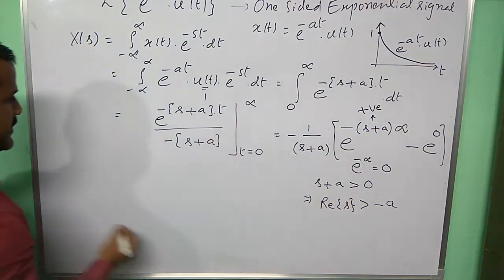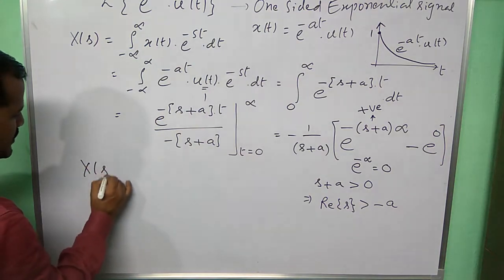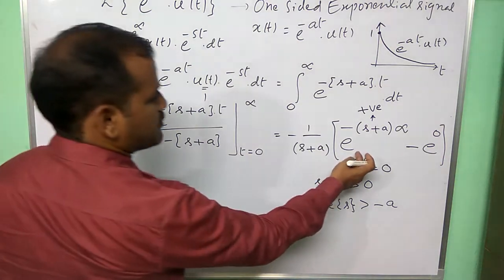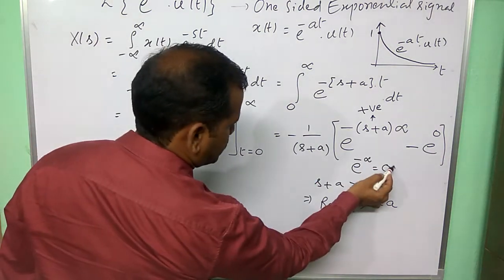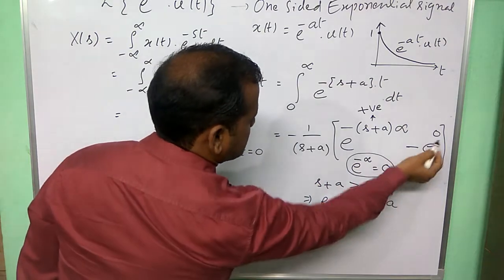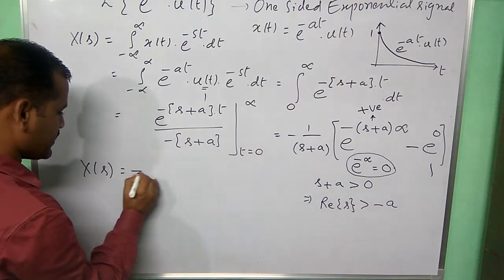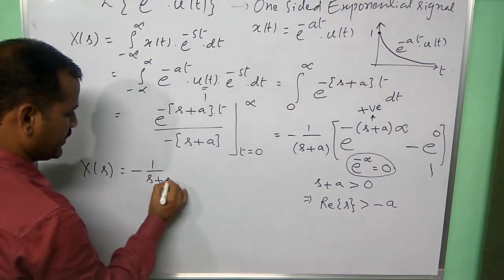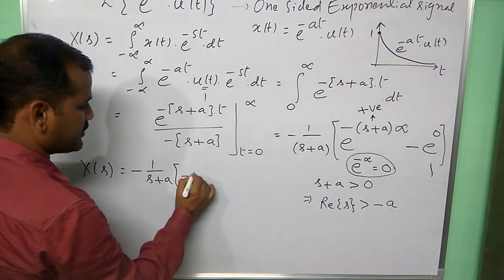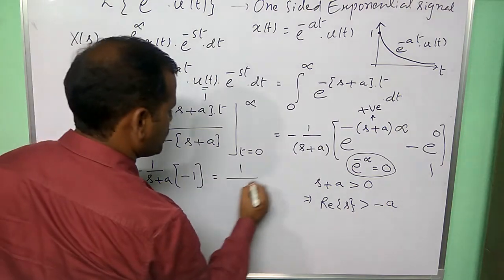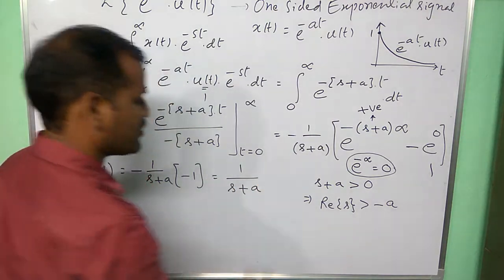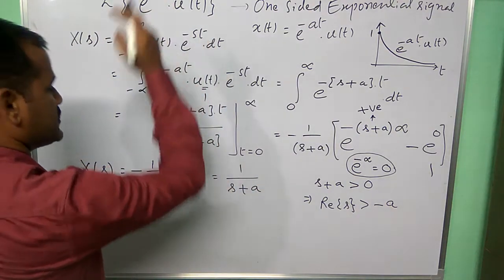Let us simplify that expression first to get the Laplace transform. In this expression, the first term is 0. In the second term, e power 0 is 1. So the expression remaining is minus 1 by s plus a into minus 1, or 1 by s plus a, which is the Laplace transform of this given exponential signal.